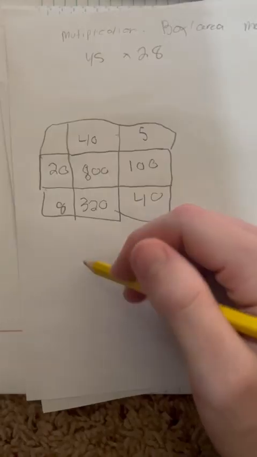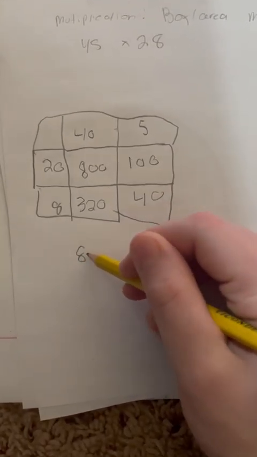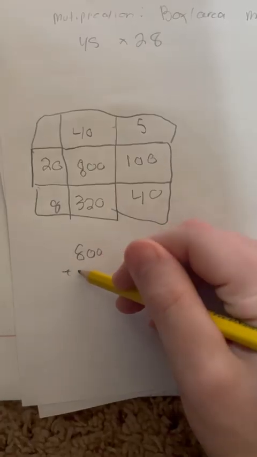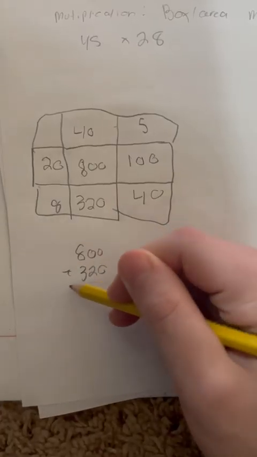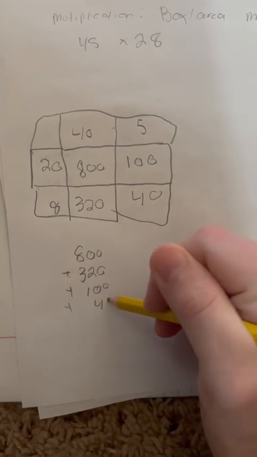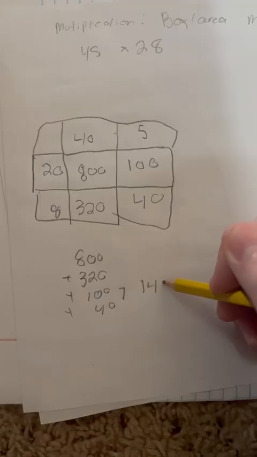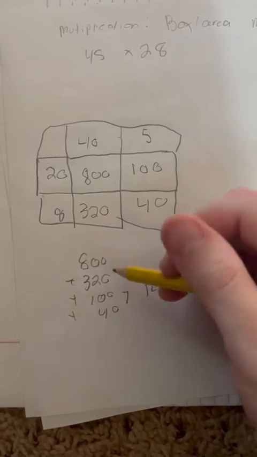So now we're gonna add up all the numbers in the area box. So 800 plus 320 plus 100 plus 40. I'm just gonna start with those. 100 plus 40, that's 140.